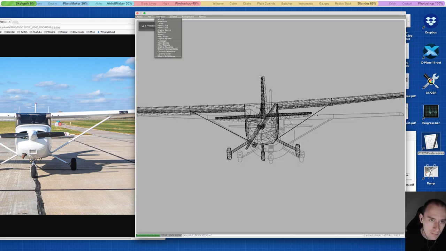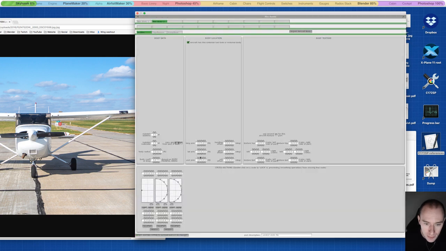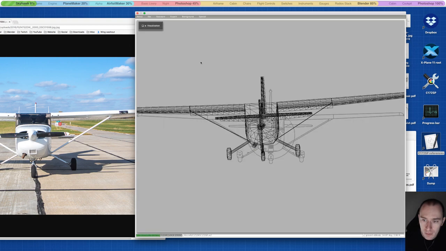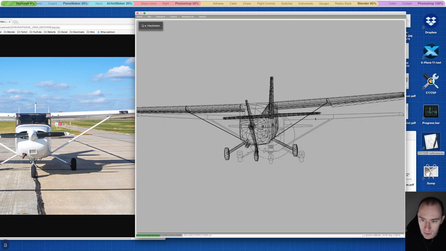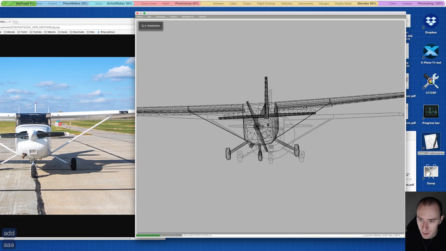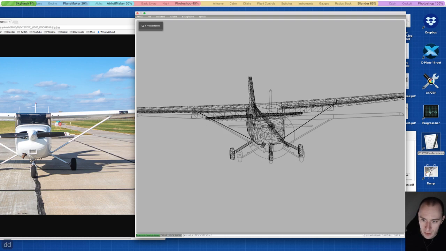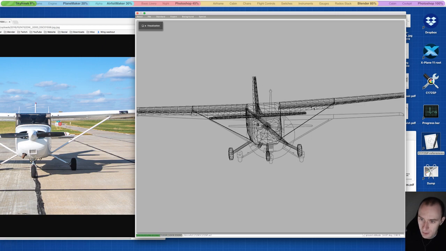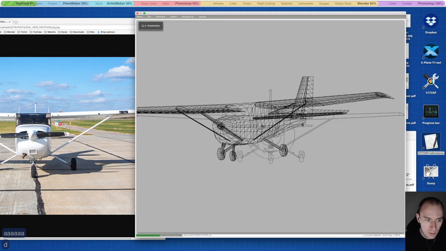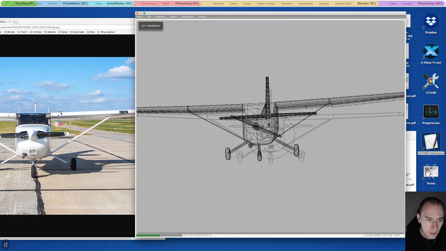Oh, that's vertical arm. Miscellaneous bodies 2. Let's make it 5. That seems quite good. It's not exactly in the middle like this one is, and it's more to the right. This seems good. Also quite close to the wing.